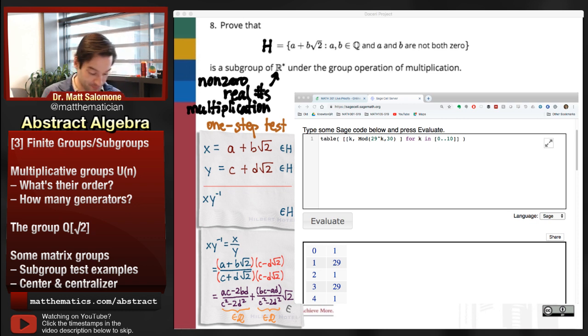So we'll call this H instead of G. And so that's what it is then: AC minus 2BD over C squared minus 2D squared, plus BC minus AD over C squared minus 2D squared, radical 2. And that is evidently an element of H.